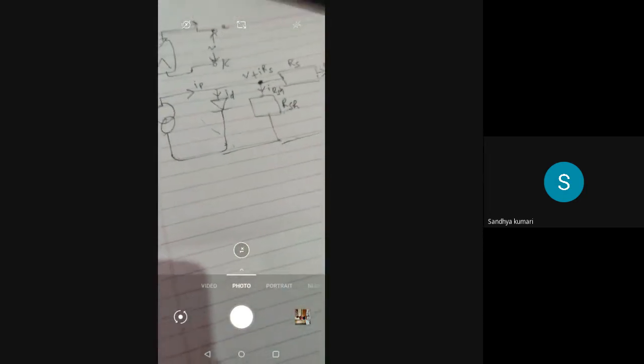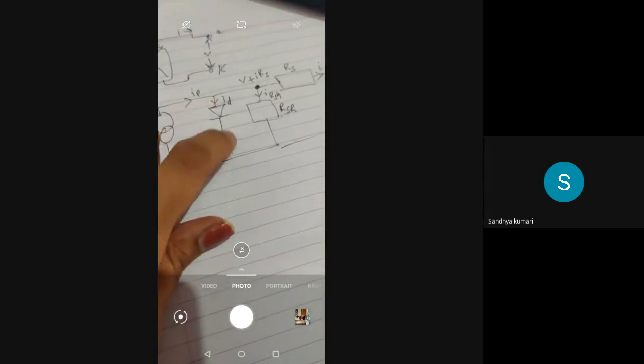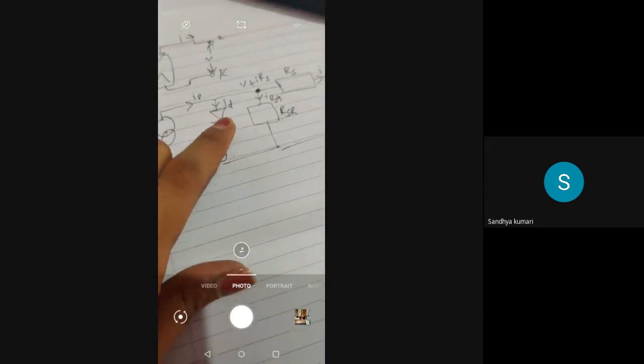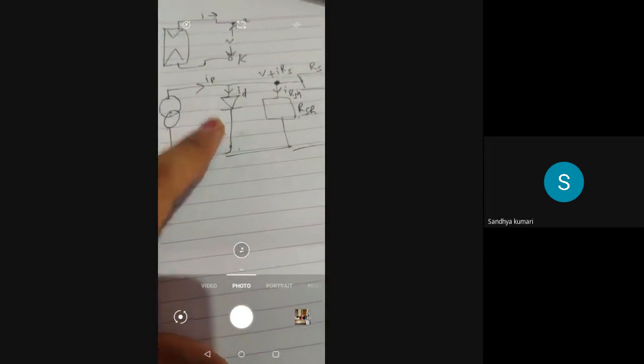So how can you write the equation for the IP current? This is the total current that gets divided over here, into this current and this current. So how can you write for IP?